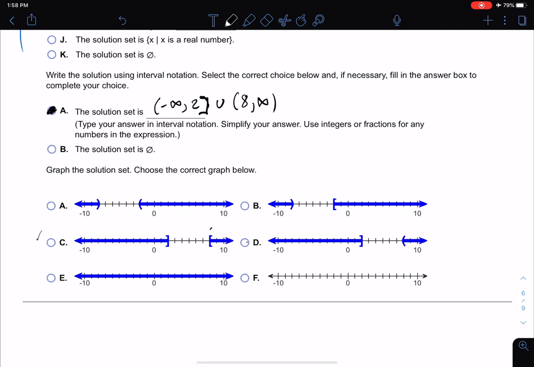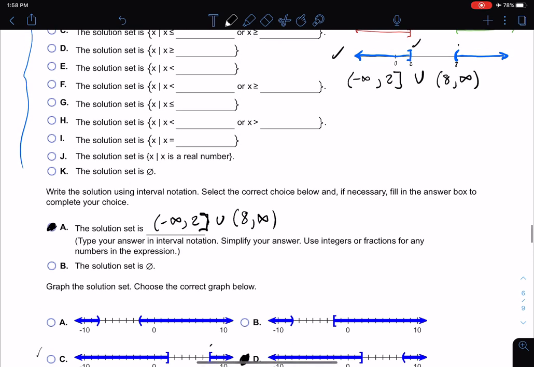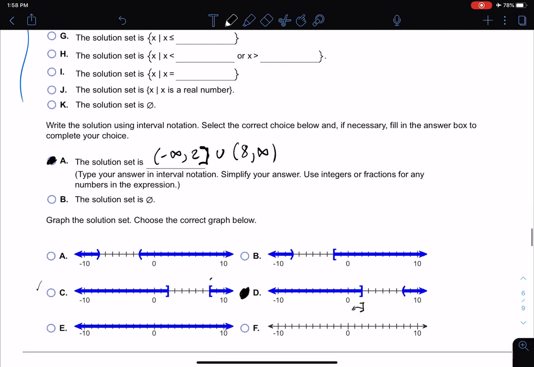But D looks really good. I'm going to go with D because it is closed and going down just like my graph. Then it's open and greater than 8, so definitely D.